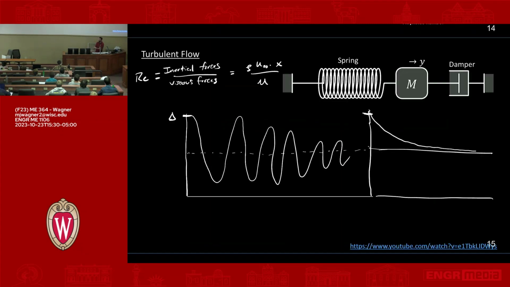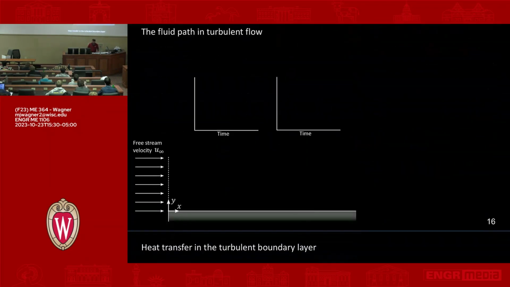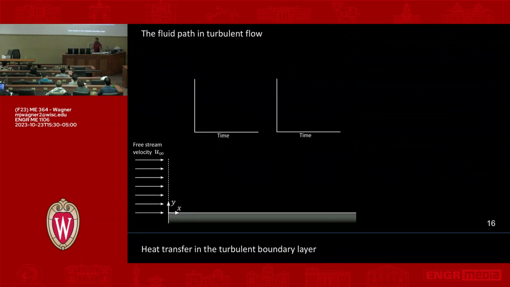Okay, so that's kind of the idea behind turbulent flow. Let's talk a little bit in the last few minutes about the concepts that you need to understand turbulent flow. First of all, let's look at this transition from laminar to turbulent. When the fluid encounters this plate, you see the boundary layer start to grow.